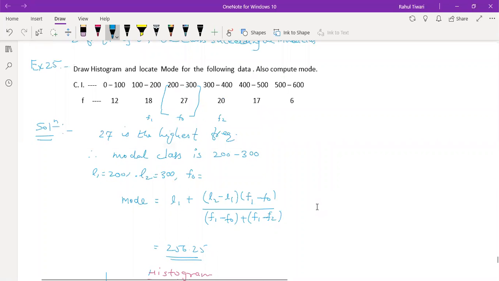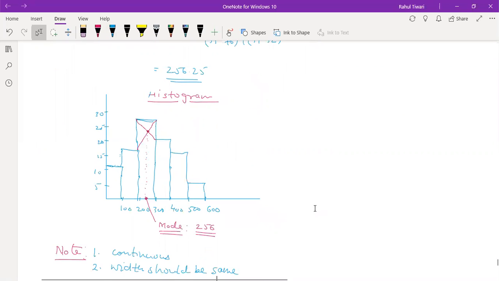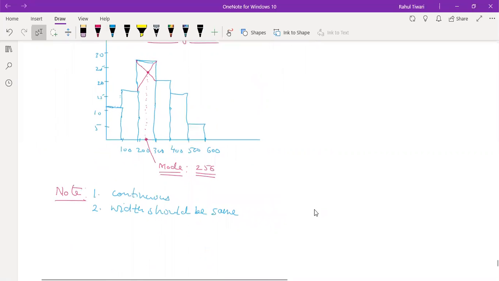But what happens if the class width is not same? So let's take an example. Suppose I have 0 to 50 and 50 to 150. Okay, this is 6. This is, let's say, 14.